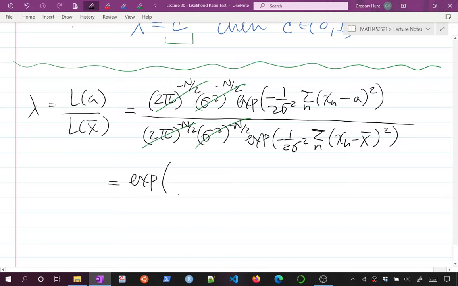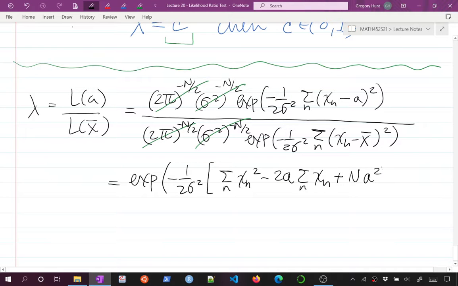So the top is, well, we have our -1/2 sigma squared, and then what else do we have? It's going to be xn squared minus 2a xn plus a squared, and then we're going to sum those up. So we're going to get first the sum of the xn squared, then minus 2a sum of the xn's, and then we're going to, of course, get n a squares.